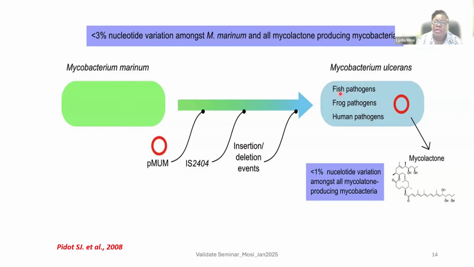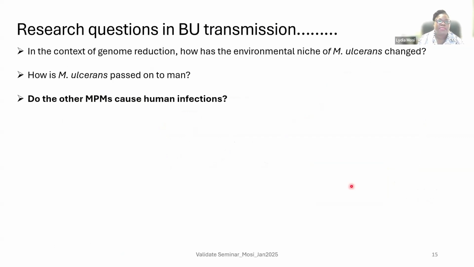The thing which is common in all of these mycolactone-producing mycobacteria is the fact that they all have mycolactone, albeit some have a difference in the nucleotides to result in the different congeners of mycolactone that we have.